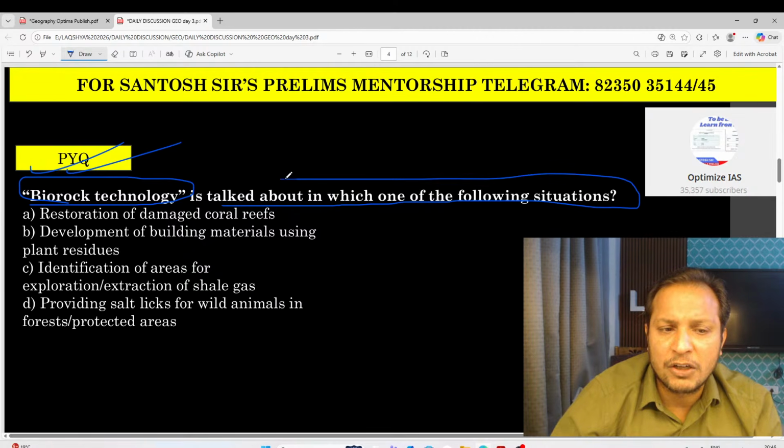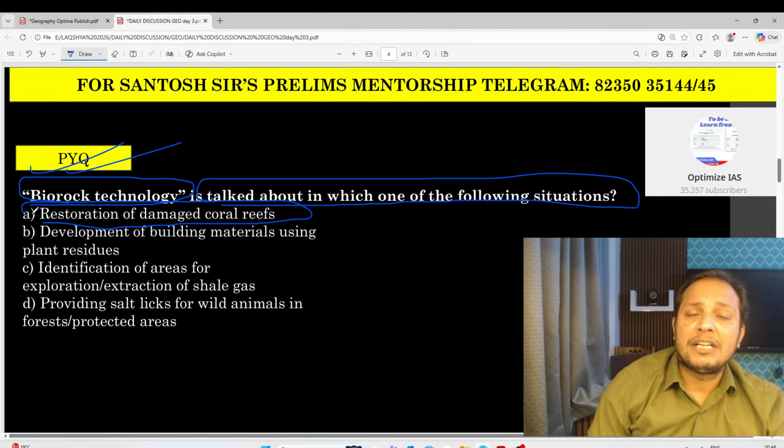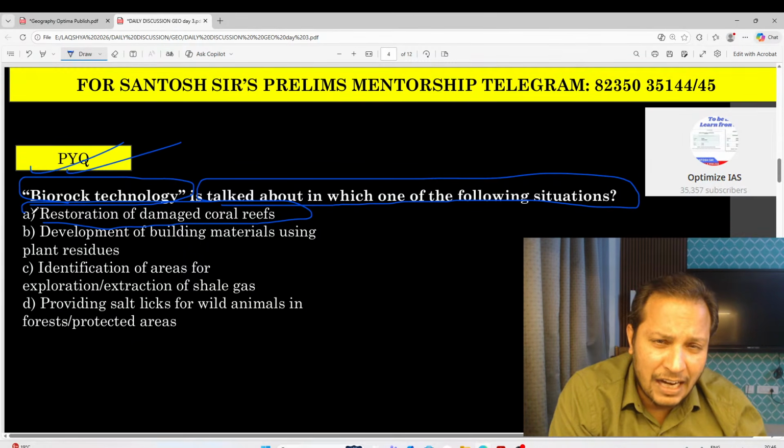Bio-rock technology is basically for restoration of damaged coral reefs. Coral reefs are again in the news this year. I believe UPSC will ask questions on coral reefs, so please do prepare coral reefs.